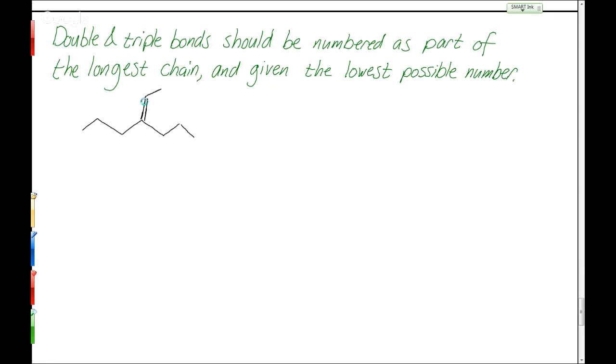Okay, let's take a look at this structure. So normally when we do our naming, we'd say the longest chain is what? 7 straight across from left to right. Everybody see that? Or right to left? Because there's a double bond there, we can't pick that as our main chain because then the double bond is coming off of the main chain instead of being a part of it. So instead, we should pick our main chain like this, that includes the double bond.